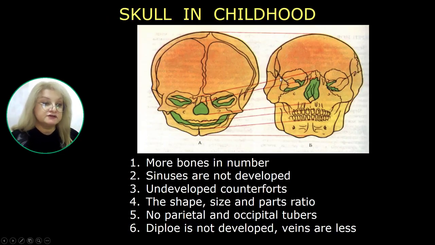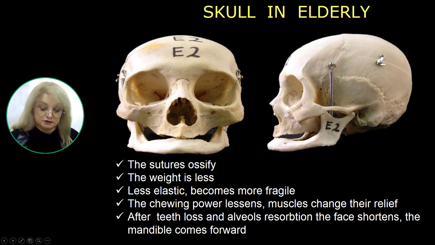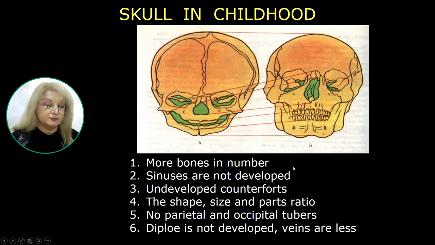More differences of the skull in childhood. The bones are more in number, of course, because some sutures are not fused yet. The sinuses are not developed, and now you understand why. Then the counterforts are not developed because the thickening of the bones happens only after the pressure is applied, meaning after the child starts to chew hard food.